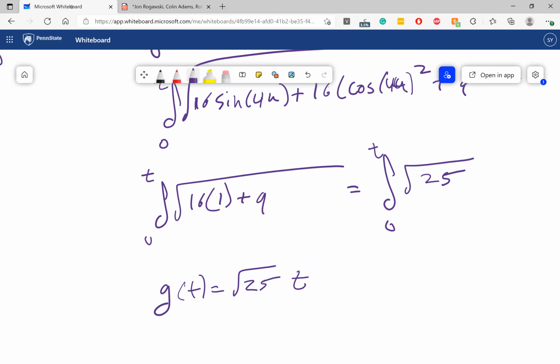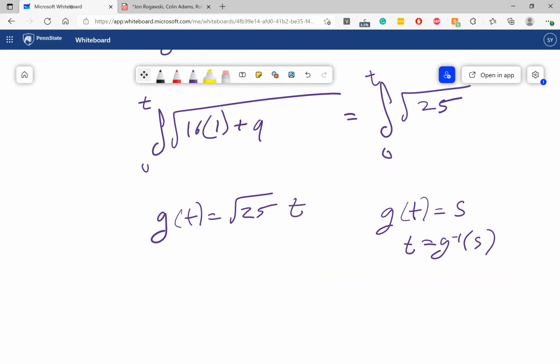Now, we want g(t) to be equal to s, or in other words, t is equal to g inverse of s.